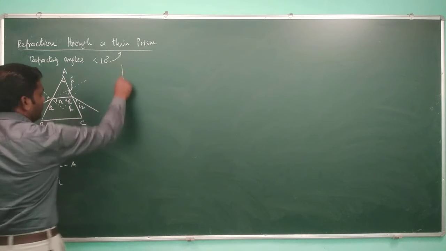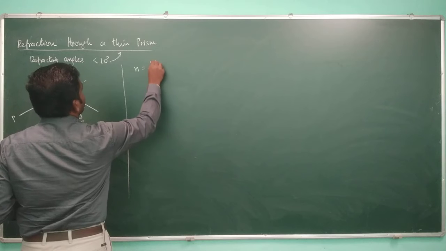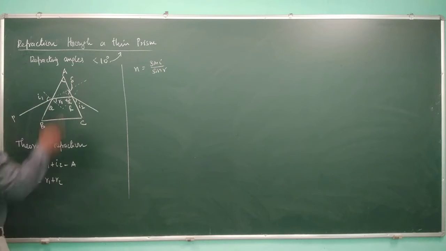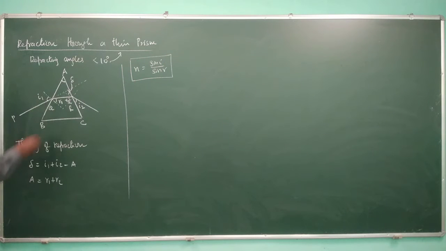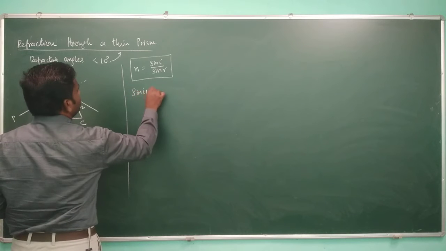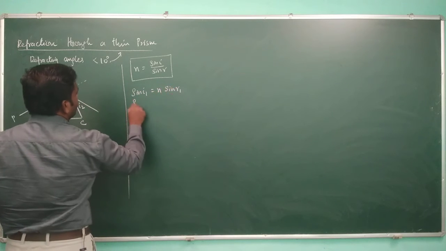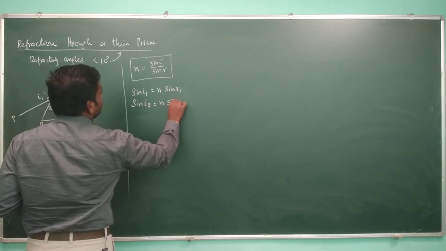But we know the equation for refractive index n, which is sin i by sin r. You can apply this equation at point Q and point R, so that sin I1 equals n sin R1, and similarly sin I2 equals n sin R2.